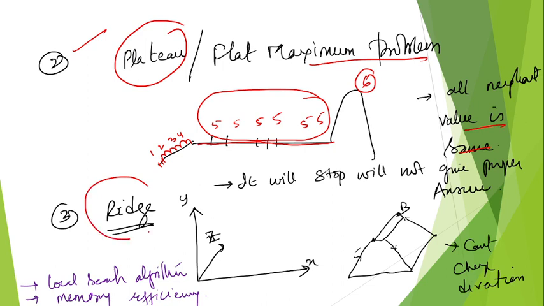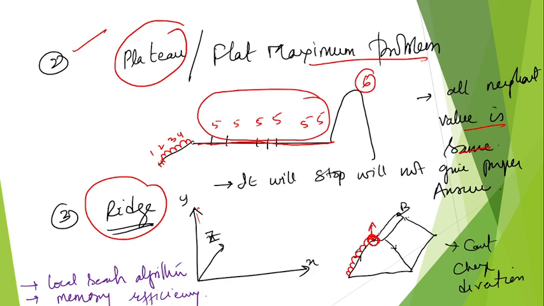The other one is the ridge problem. What do you mean by ridge? Let's take an example. Blindfolded, I have moved on. There are x and y axes. This is the x-axis, and I'm going on the z-axis. Look, I'm going like this, and I come to this maximum place. Fine, but then I open my blindfold.